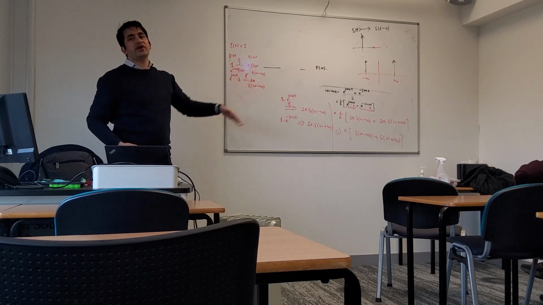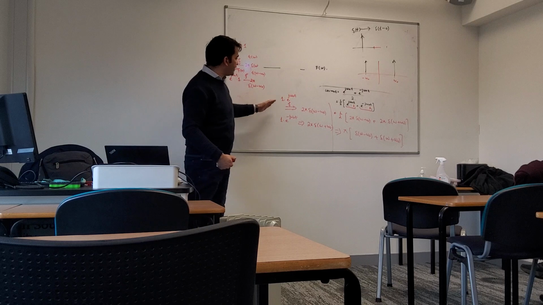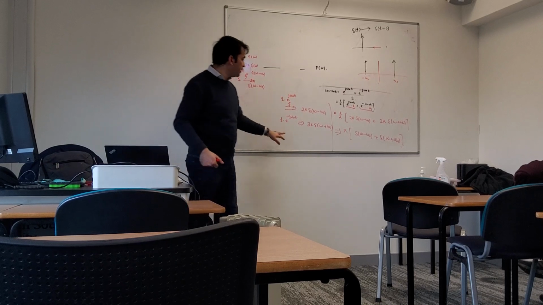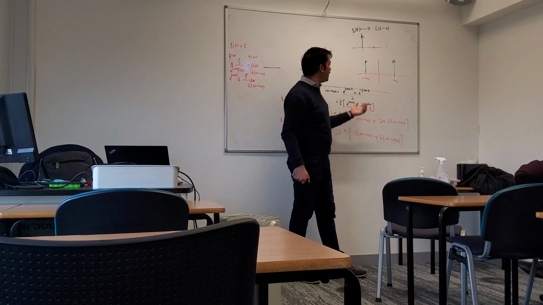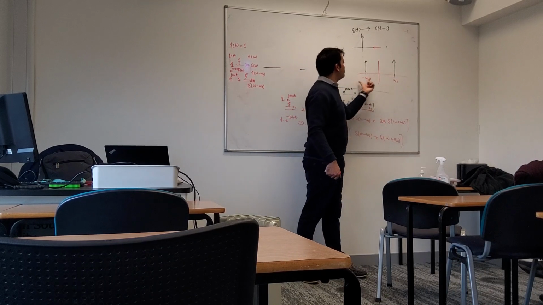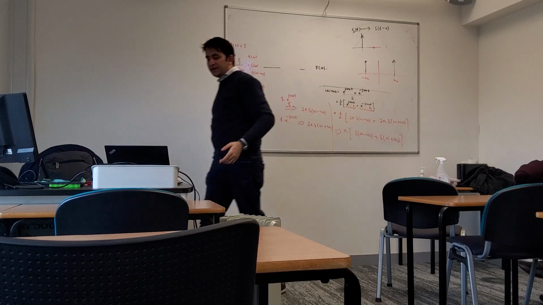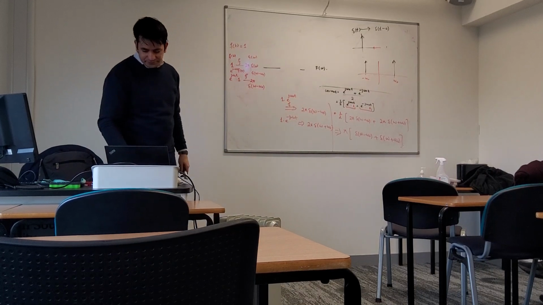From this Fourier transform we also came to know the same thing. So the Fourier transform of a cosine turns out as two impulse functions multiplied with pi, one at omega naught and one at minus omega naught.